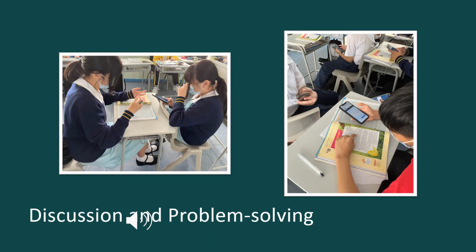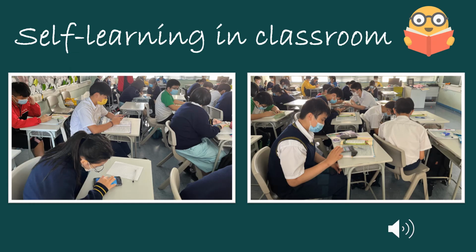Some students, however, tried to solve the questions on their own. Instead of the teacher explaining the entire challenging reading passage to the students, students were really trying to solve the reading questions and read on their own. This is self-learning in the classroom.